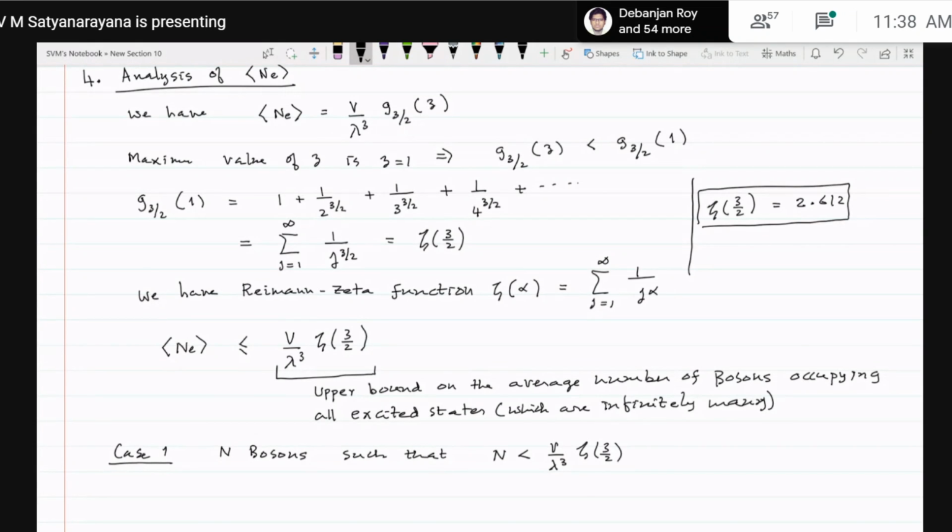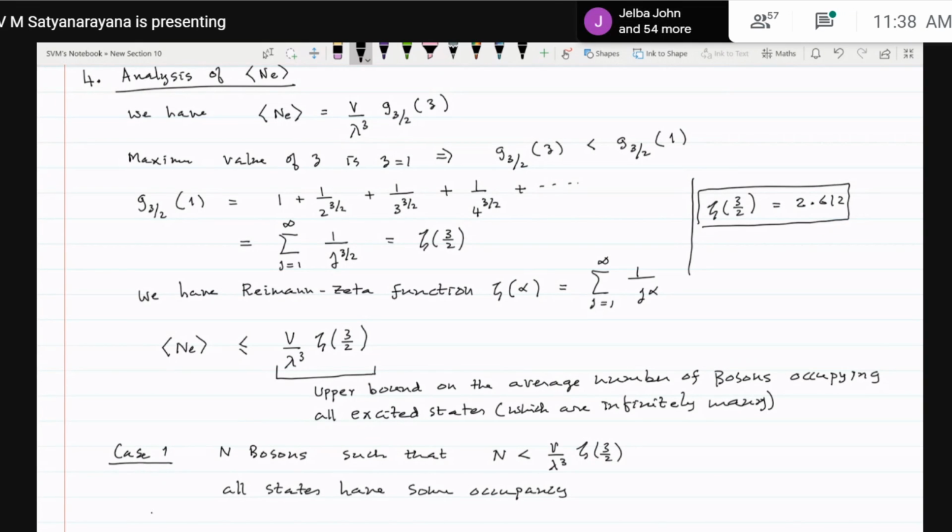Then nothing much happens. All states have some occupants, consistent with what we have discussed so far.